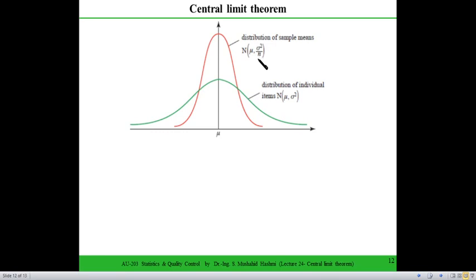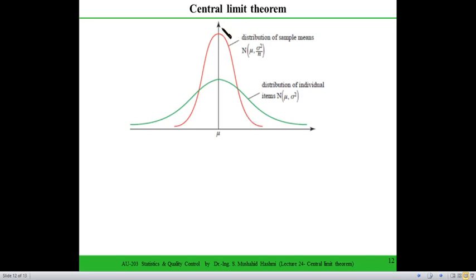We have analytically proved this in the lecture on sampling distribution. And obviously, because the original distribution is normal, the sample distribution would also be normal.